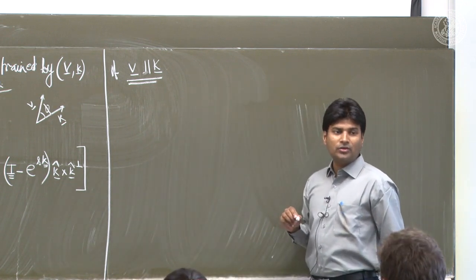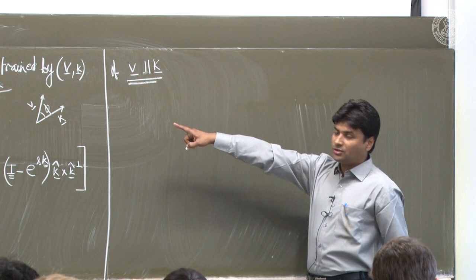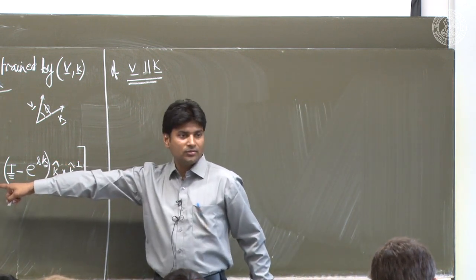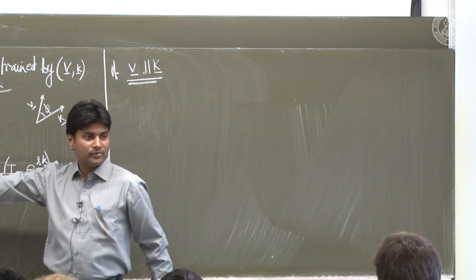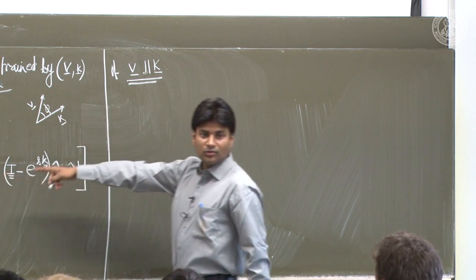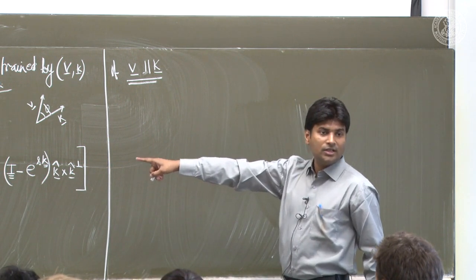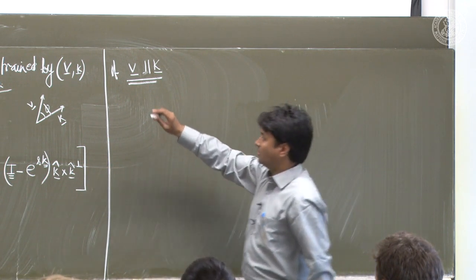So if v is parallel to k, phi is 0, sin phi becomes 0, right? So only this term survives. So this center line then degenerates into a straight line.